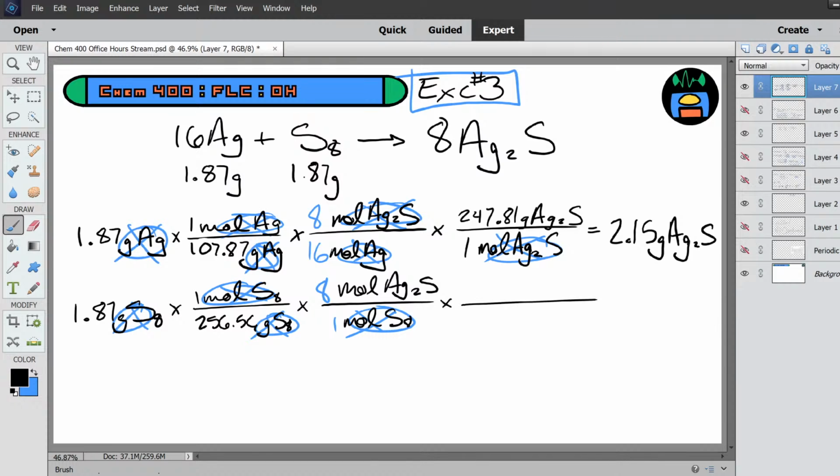And then in our final step, we take moles of silver 1 sulfide and convert it to grams.